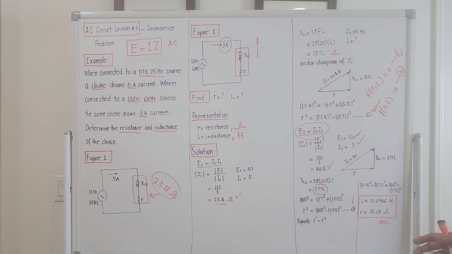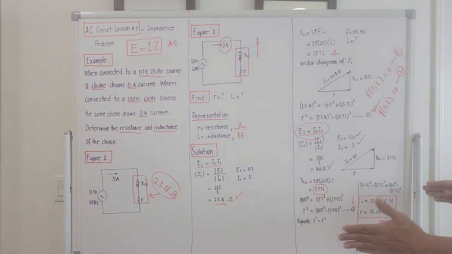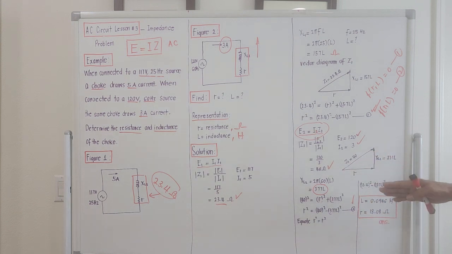So 23.4 squared minus (157L) squared equals 40 squared minus (377L) squared. If you simplify this, the value of L will be 0.0946 henrys, capital H.